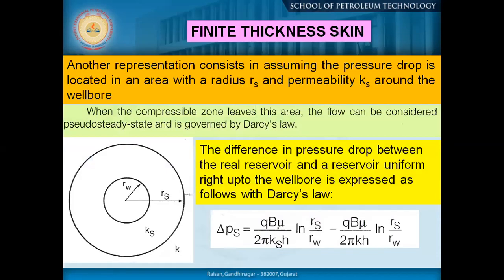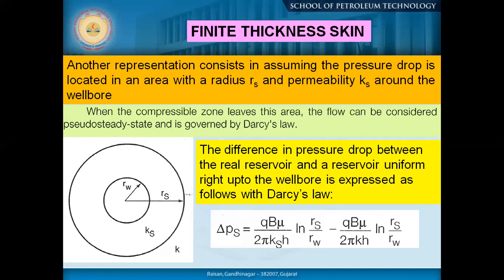If you have a finite thickness, we have two radii. One is our wellbore radius, another is the radius related to your skin. Outside the skin we have a permeability K, whereas inside the skin, the permeability of the altered surrounding area is Ks.